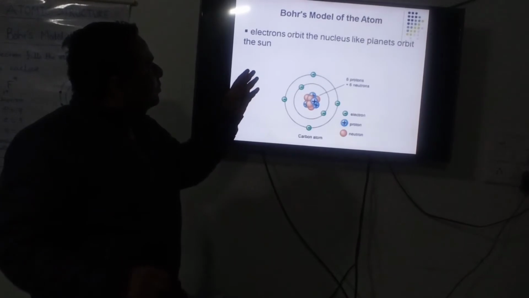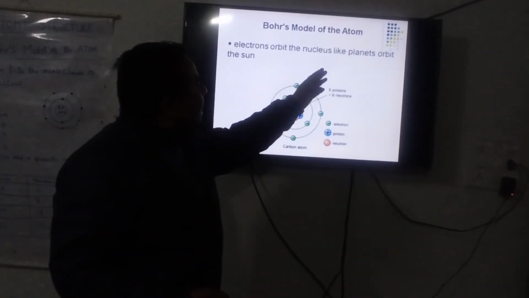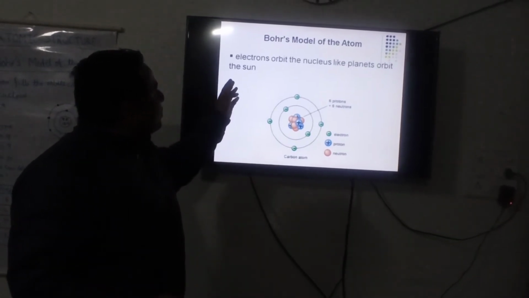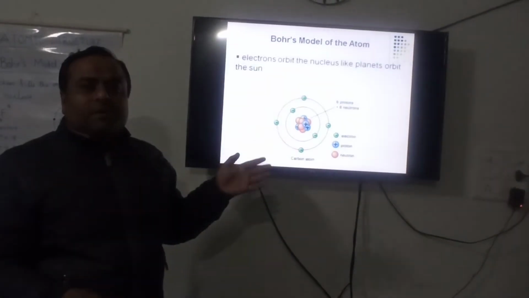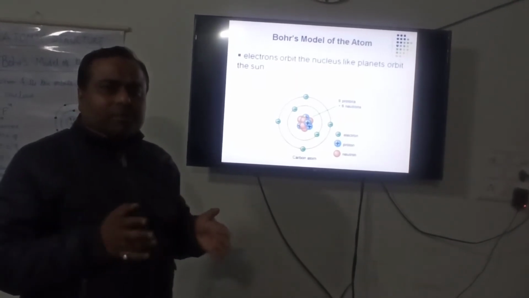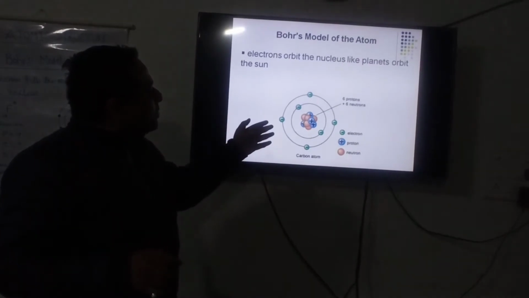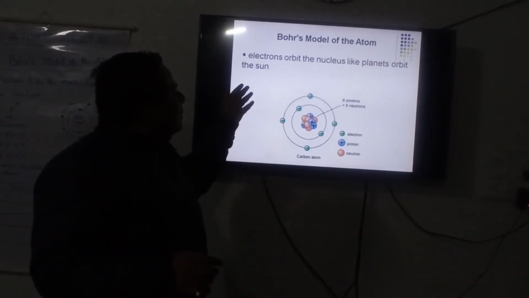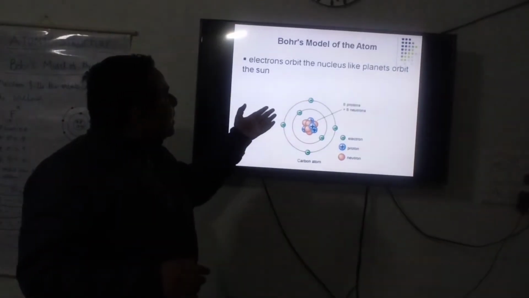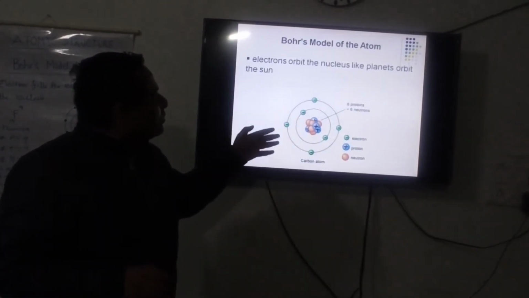According to Bohr's model of the atom, electrons orbit the nucleus like planets orbit around the sun.